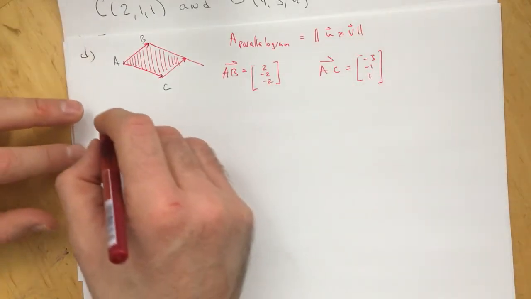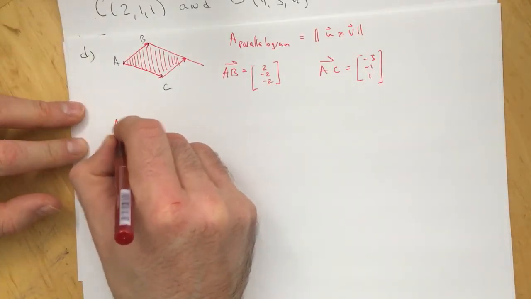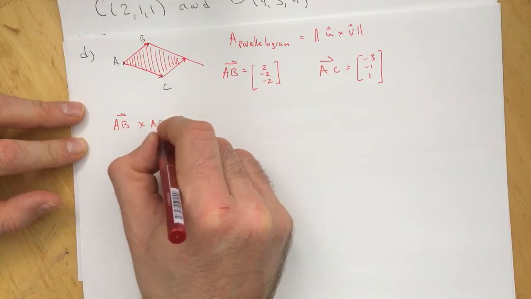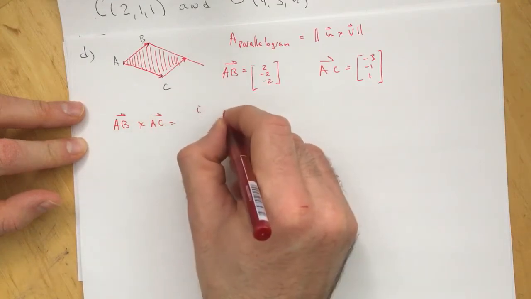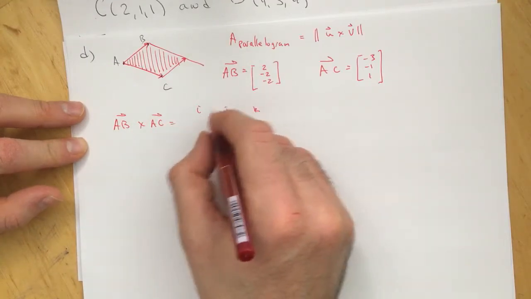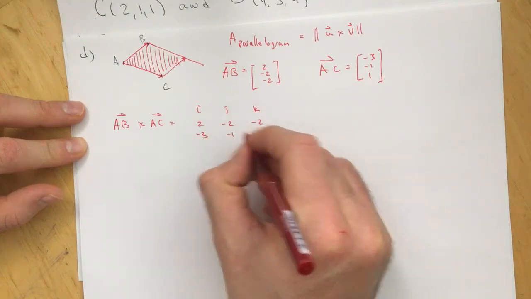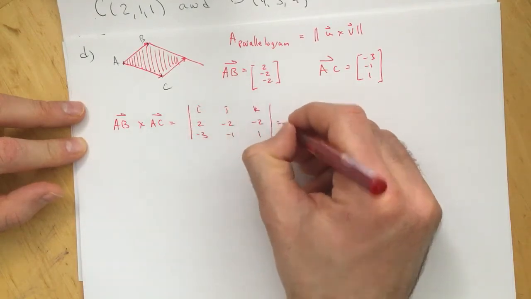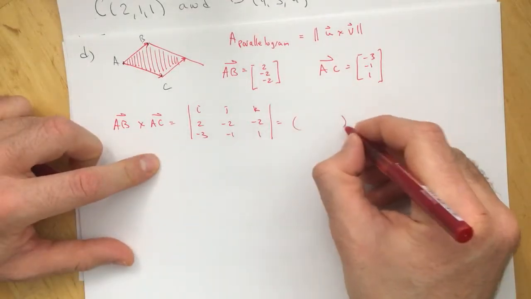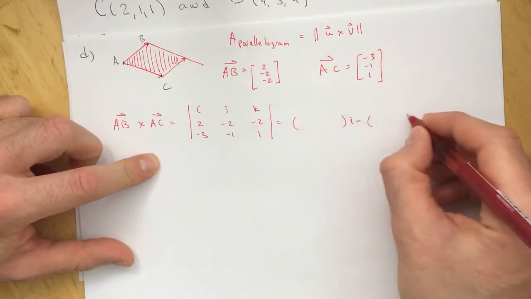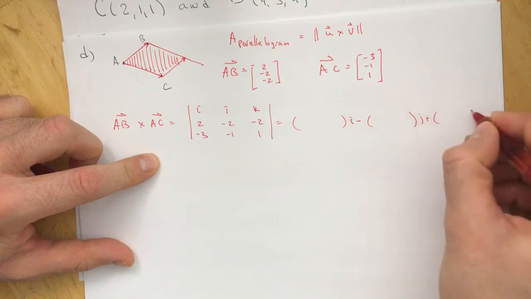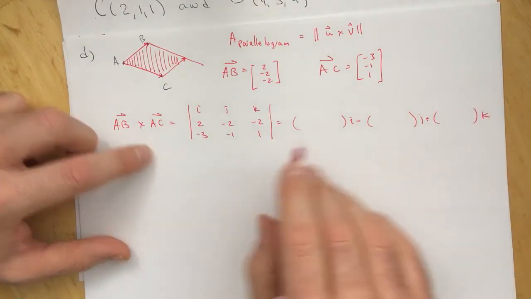So AB cross AC is equal to the determinant with i, j, k, then 2, negative 2, negative 2, and negative 3, negative 1, 1. So this is i minus j plus k.